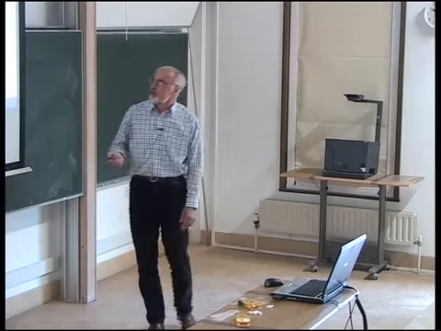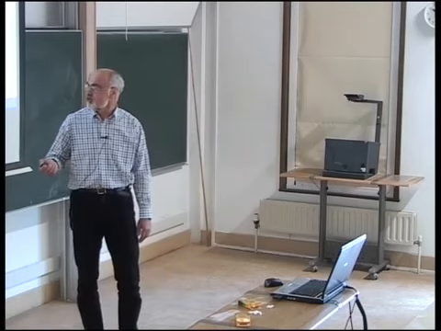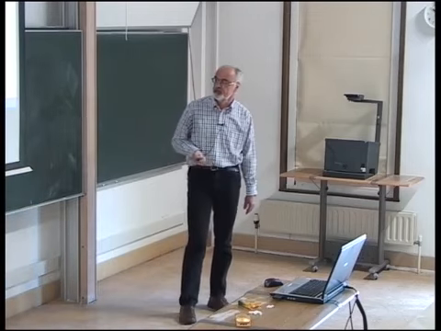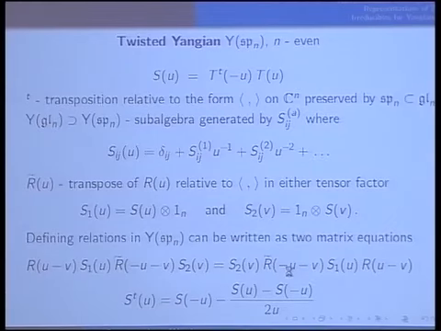Here is another condition, an additional equation like the equation which separates the symplectic algebra inside gl_N. Here R is as above, and the R-matrix R tilde is transposed in one tensor component.